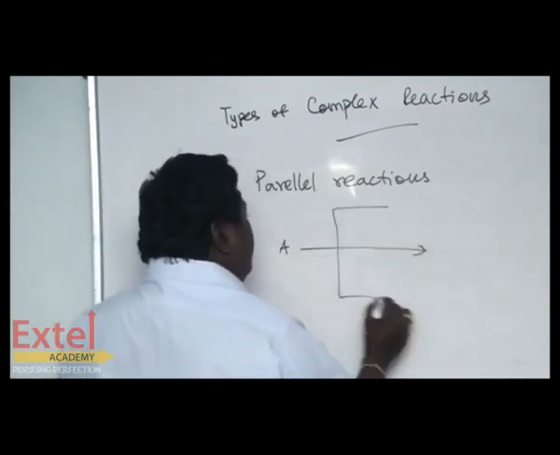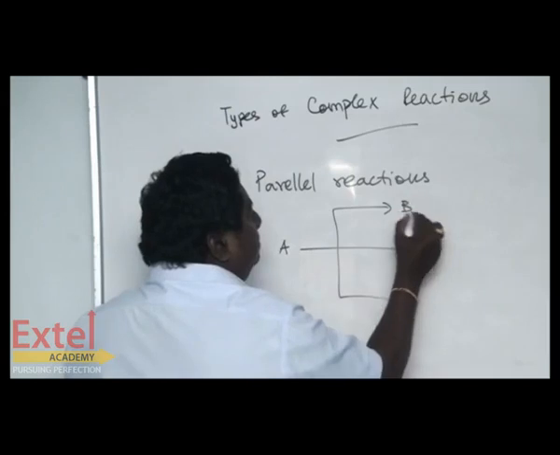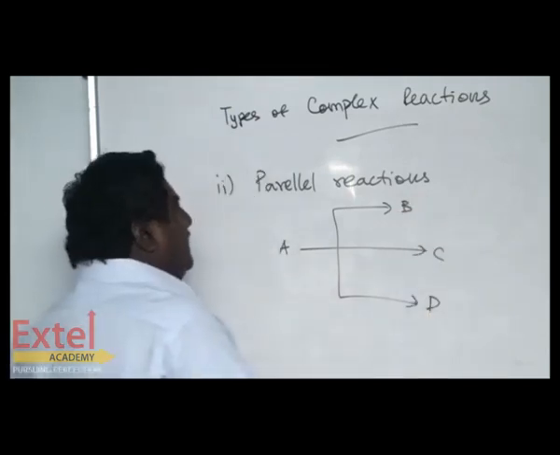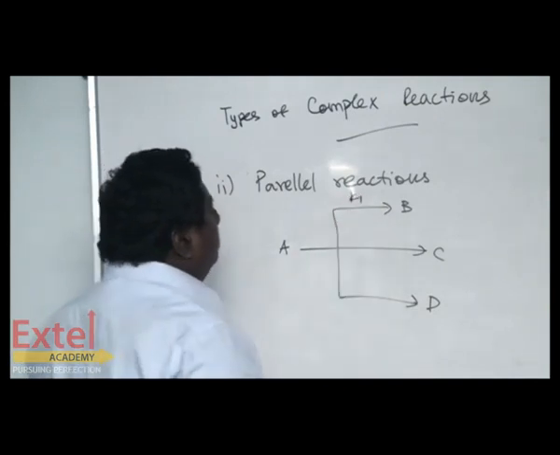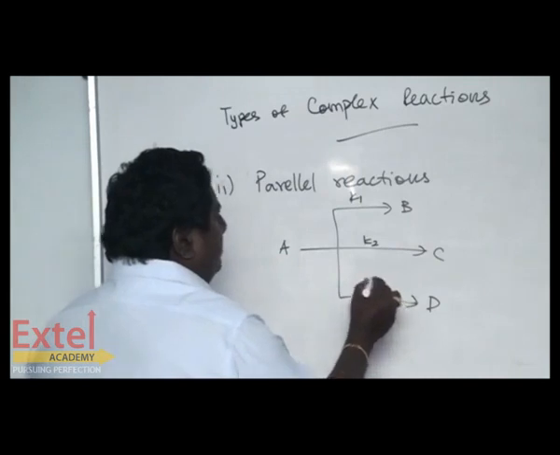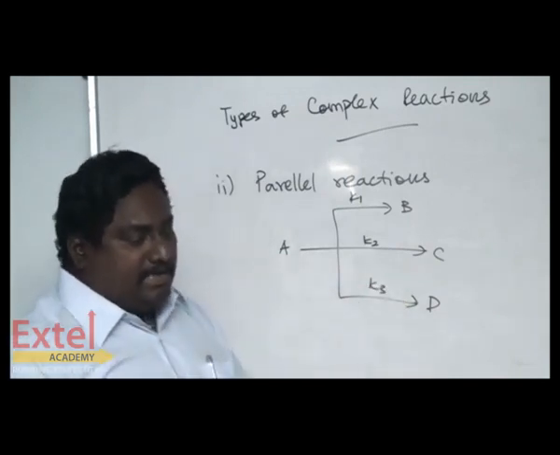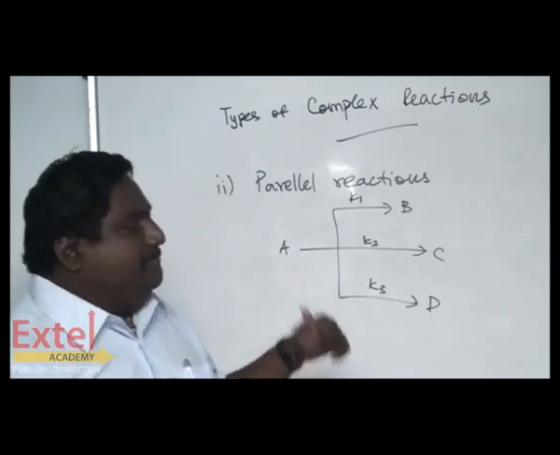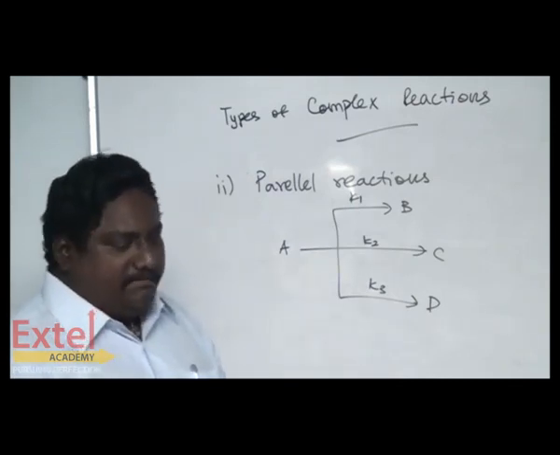Simultaneously, plenty of products are formed from A. A gives B, that is K1. A gives C, K2. A gives D. Three different products are formed separately from A. It is called parallel reactions.